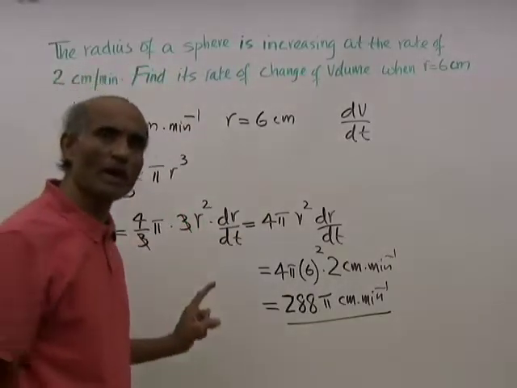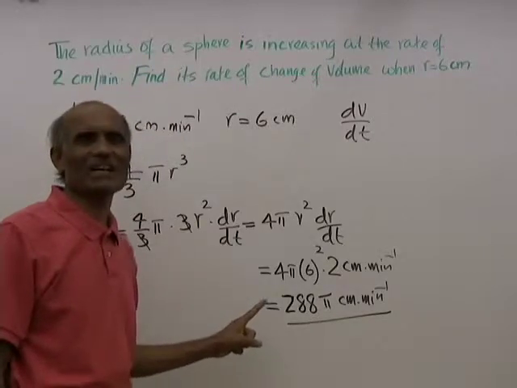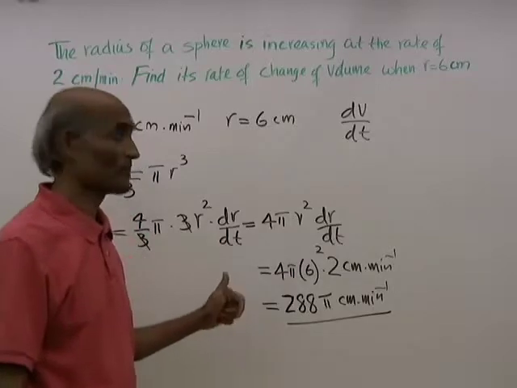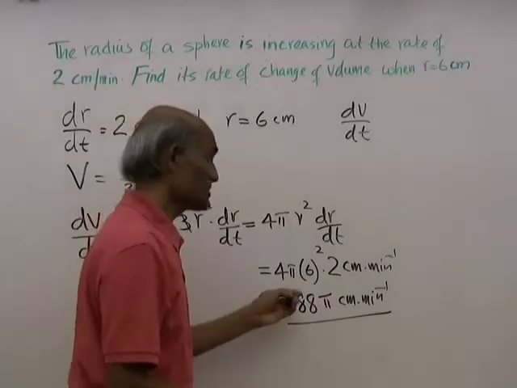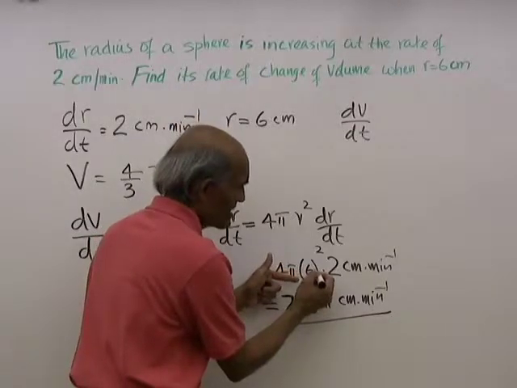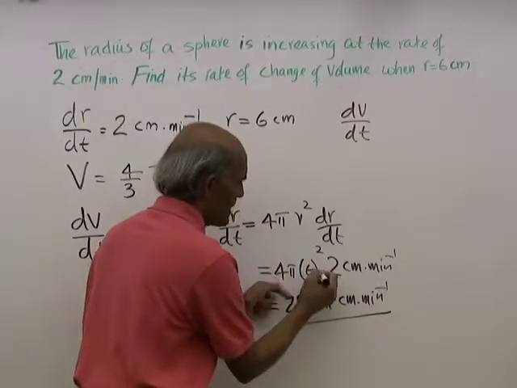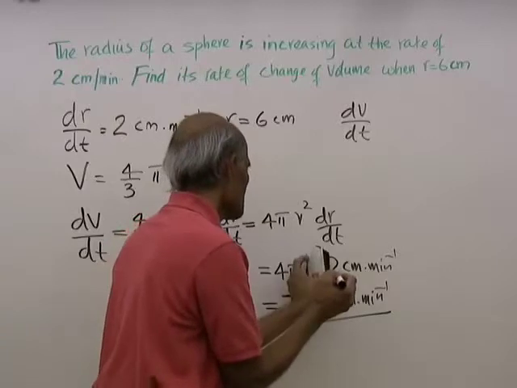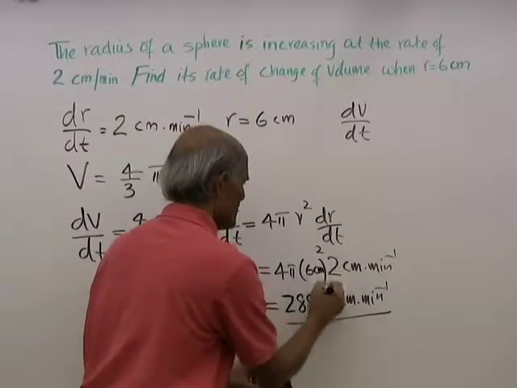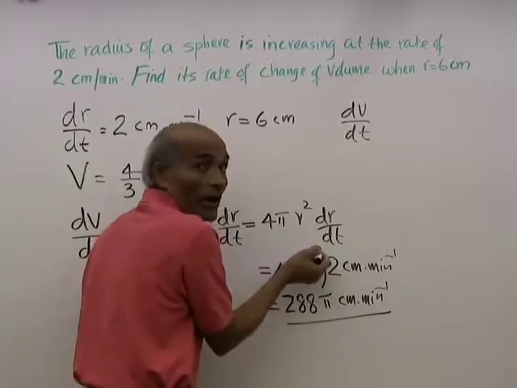Now, there's a small error in what I said. Did anybody spot it? Well, if you noticed, the radius is 6 centimeters, and the area is centimeter squared.